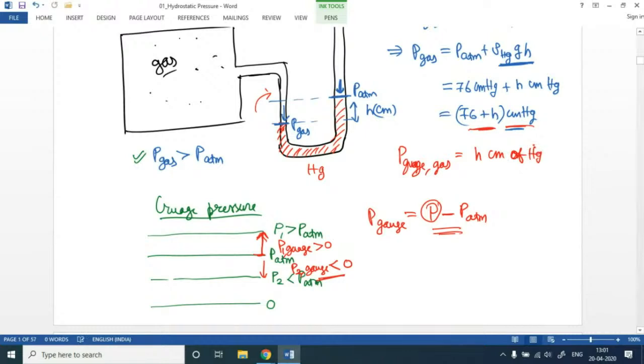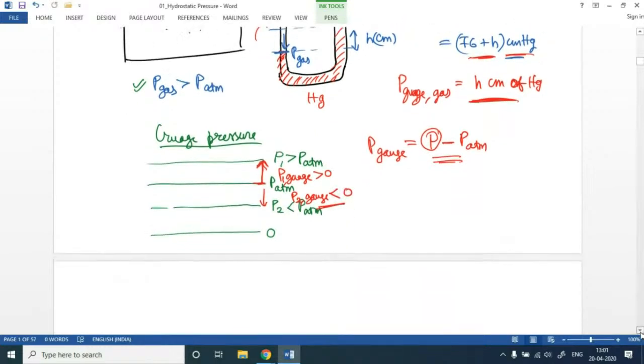This device is measuring only h centimeter, so whatever it measures gives you the gauge pressure. It can be positive as well as negative. So this was the concept of gauge pressure as well as the concept of manometer.